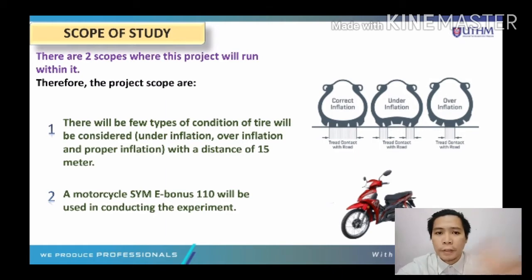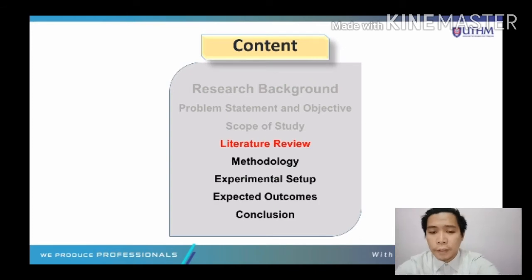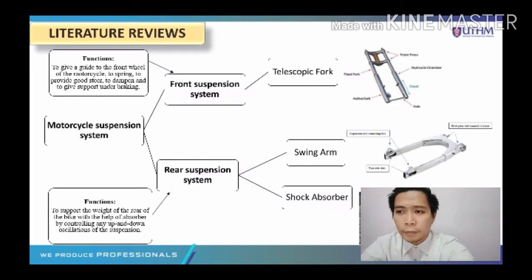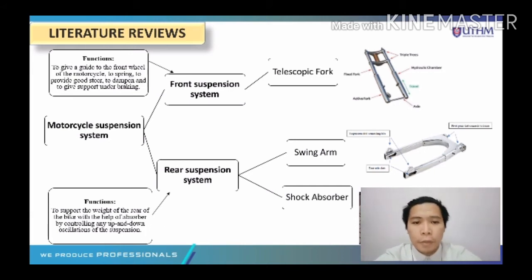Okay, so for the literature review, this would be the basic understanding of the motorcycle suspension system. There are two categories of suspension system for the motorcycle, which are the front suspension and the rear suspension.